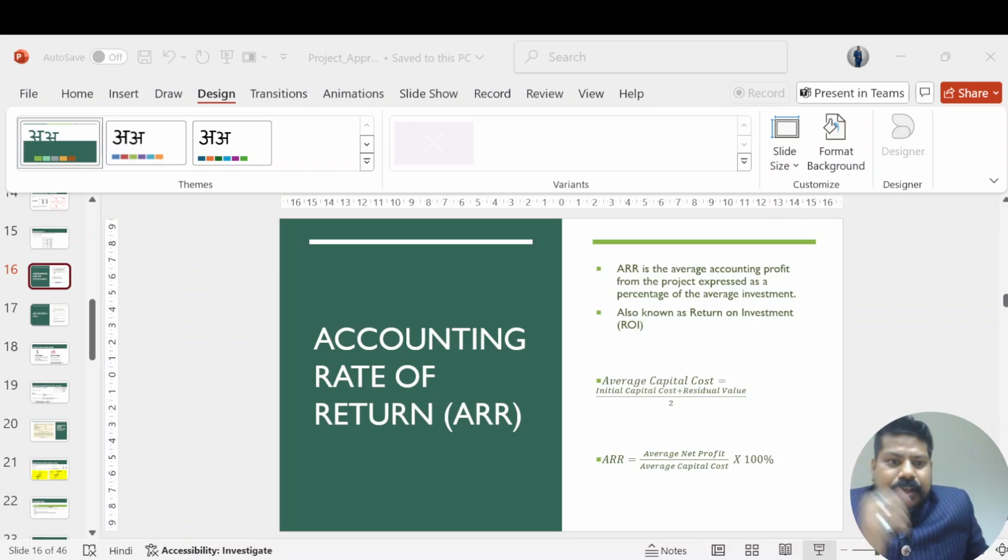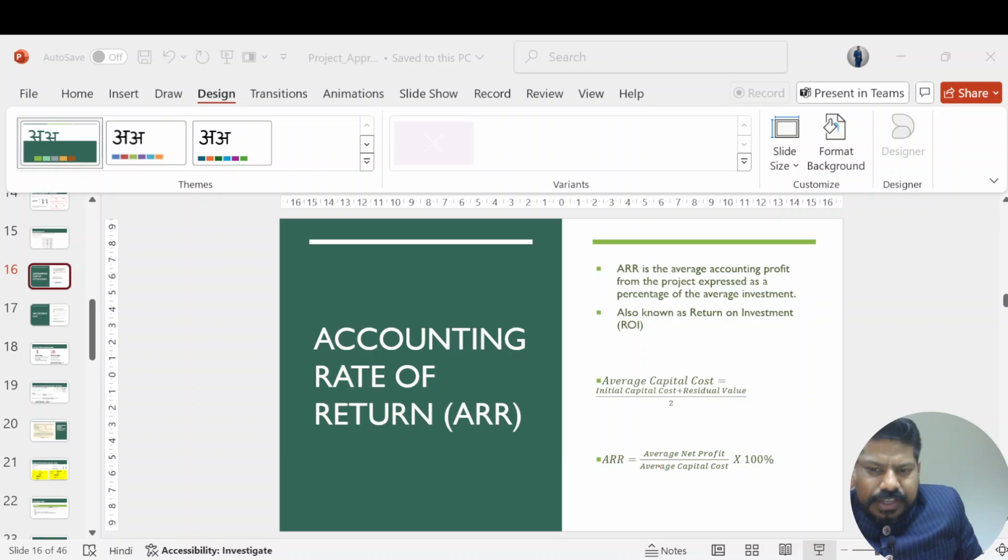So, let's start with a quick recap of what we discussed. Accounting rate of return. ARR, accounting rate of return, is the average accounting profit from the project expressed as a percentage of the average investment. So, what you are actually doing is you are adding up the initial capital cost, plus residual value divided by 2.